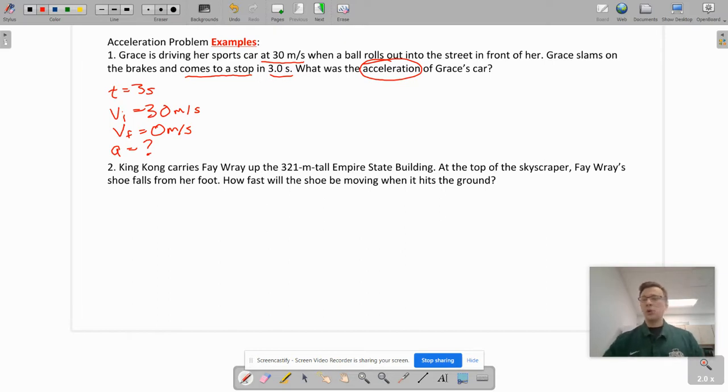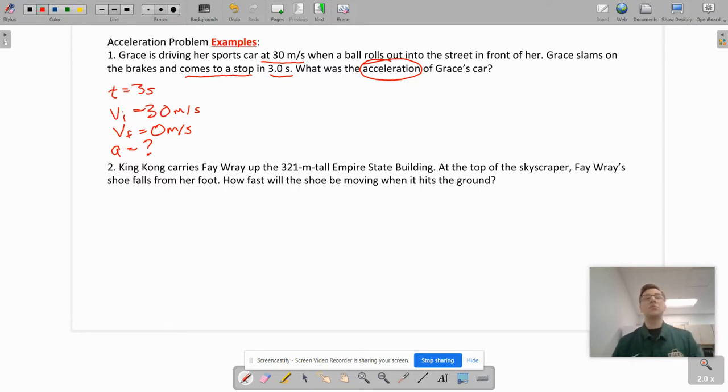Now, when we look through our equations, remember the process here. The first question you're going to ask yourself is, does this problem involve a change in position, delta x? And of course, obviously, Grace changes her position. But when I say that, what I mean is, did it give us change in position as a given? And the answer to that is no. Or do we need to solve for the change in position?